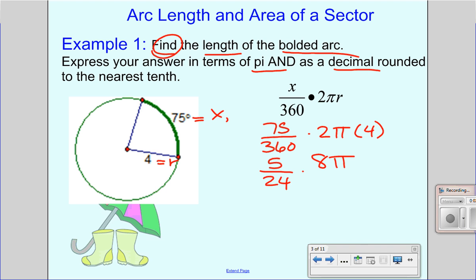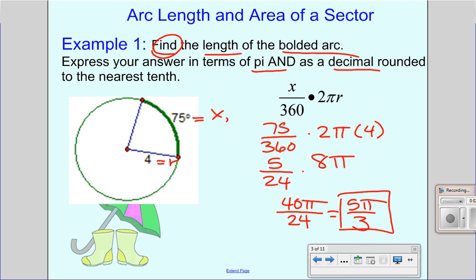I just multiplied 2 times 4 there. Now I'm going to multiply my 8 times my 5, and I'm going to get 40 pi over 24, which simplifies to 5 pi over 3, which will be my simplest form in terms of pi or radians.